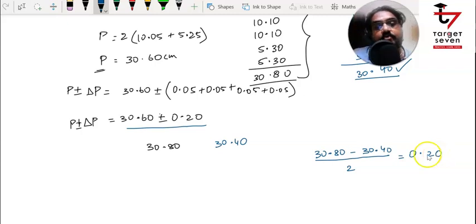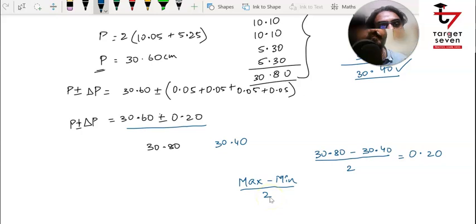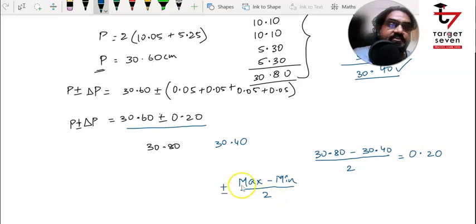Am I therefore allowed to generalize that the absolute uncertainty would be the maximum possible value minus the minimum possible value divided by 2?